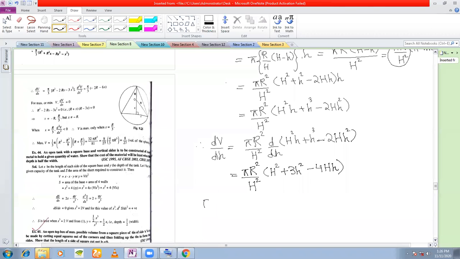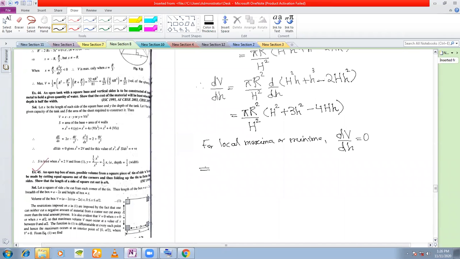So for local maxima or minima, what happens? For local maxima or minima, dV/dh is equal to 0.